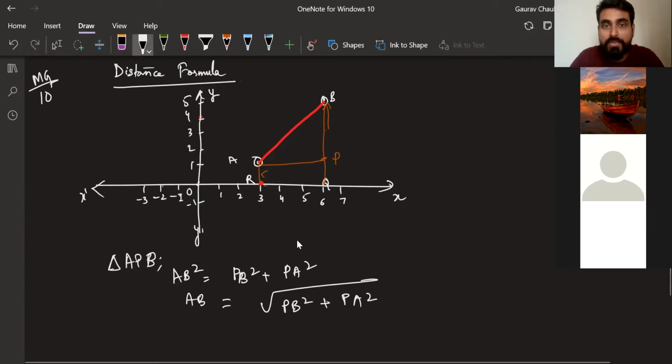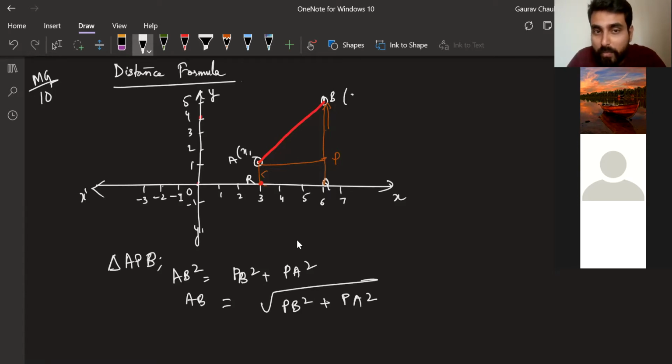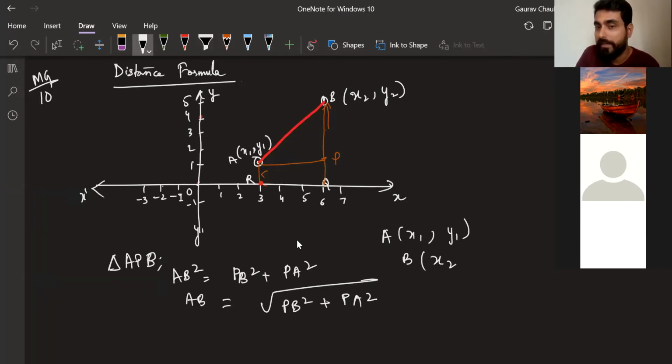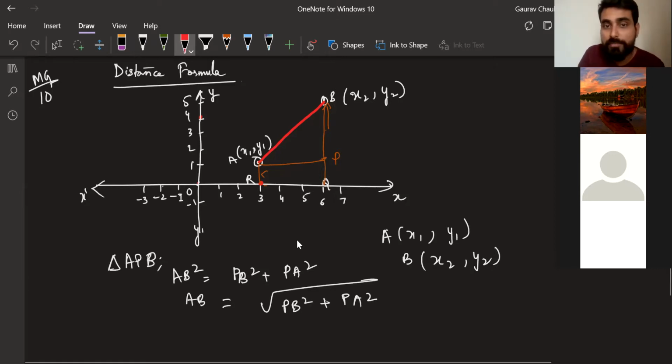So we will write this one as x1 comma y1, and let this one be x2 comma y2. Everyone okay with these coordinates? Let A be x1 comma y1 and B be x2 comma y2. Now think about the length. Let's write PA square plus PB square.